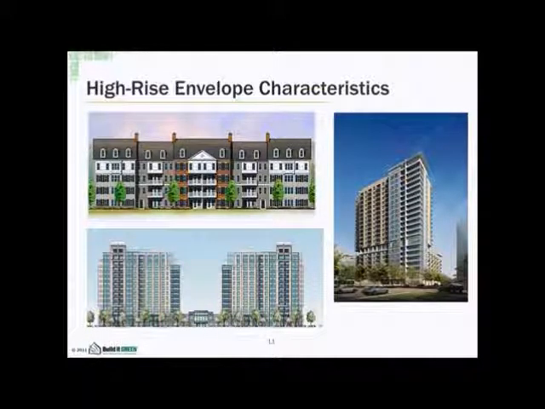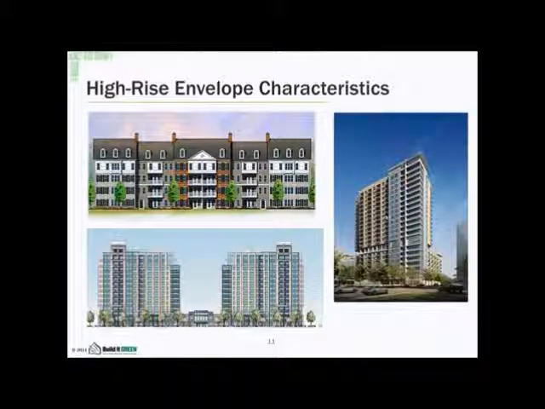Now our high-rise envelope characteristics. They're more than three stories, at least four stories. The top one is a minimized high-rise construction, and on the right and the very bottom are large-scale high-rise construction.